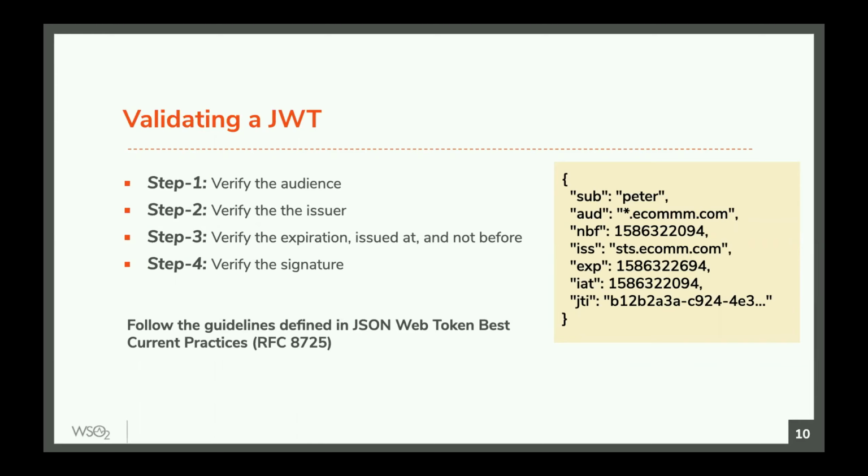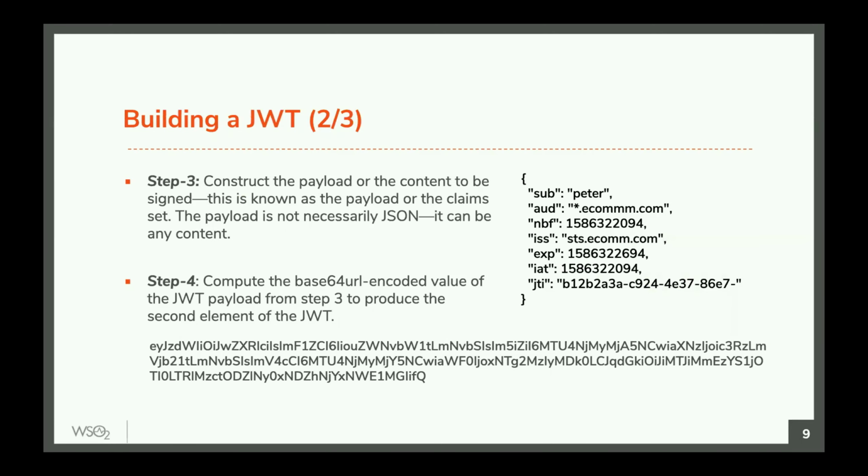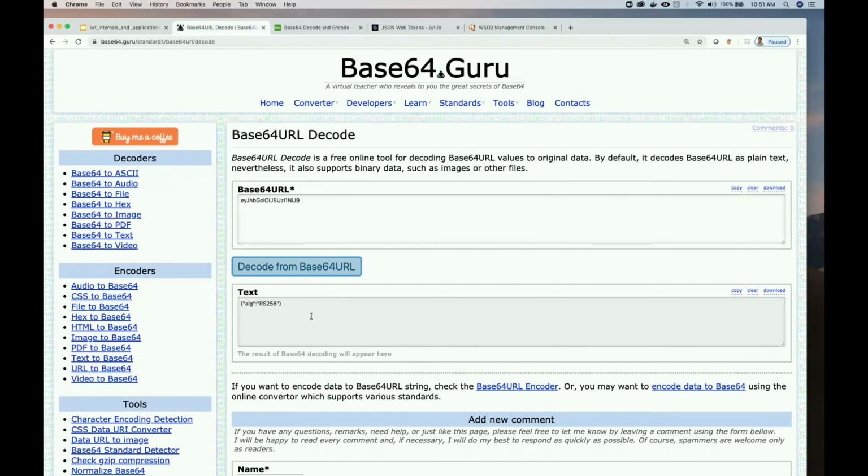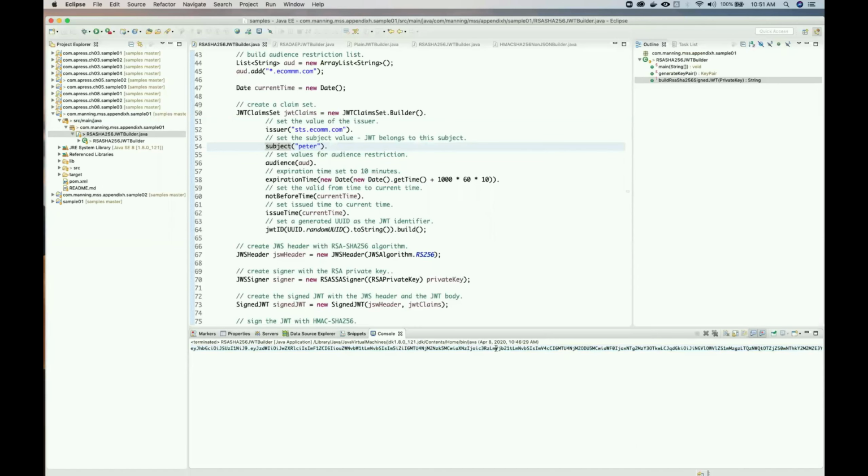So there's a question that says while signing, the string includes the dot as well, isn't it? Yeah. So the string includes one dot, right? Let me show you. If you go here to this one, this is a full JWT.